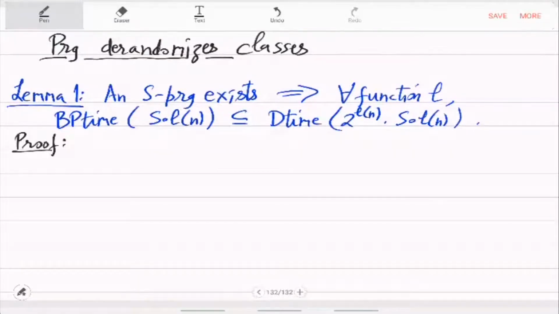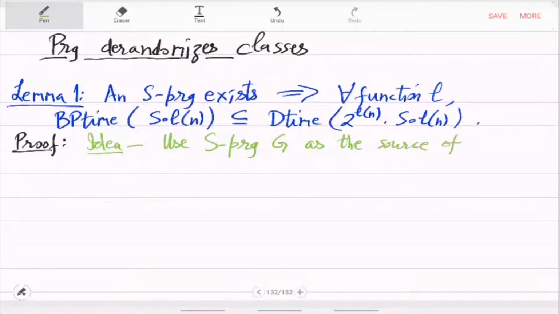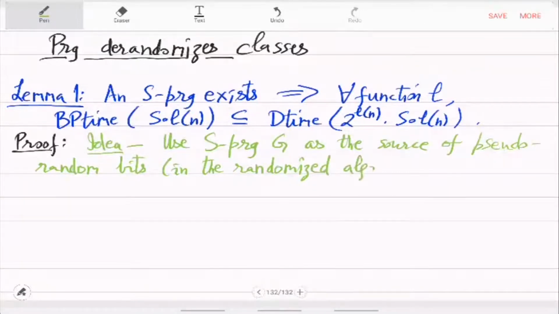So the idea is to use the SPRG G as the source of pseudo random bits in the randomized algorithm and take a majority vote.